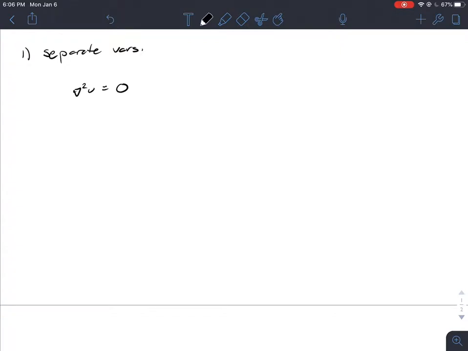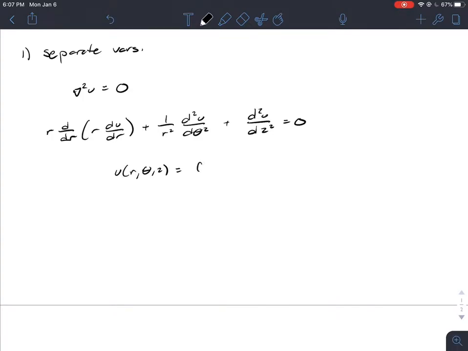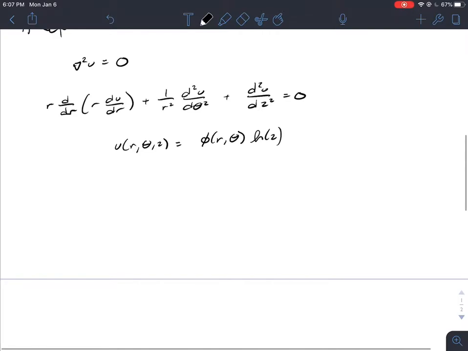In polar coordinates, the Laplacian is equal to (1/r) d/dr (r du/dr) plus (1/r squared) d squared u/d theta squared plus d squared u/dz squared is equal to 0. So we're going to define u(r, theta, z) to be the product of, let's call this, phi(r, theta) first, and separate out the z dependence initially.